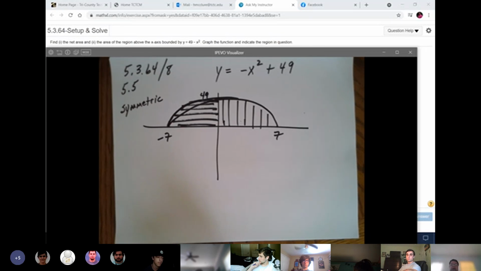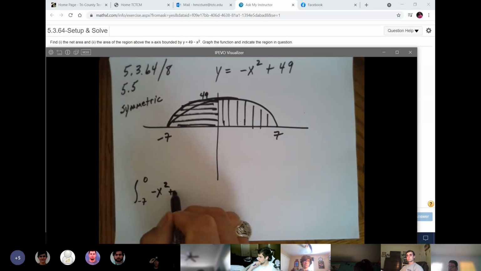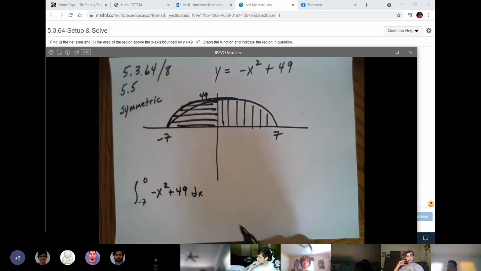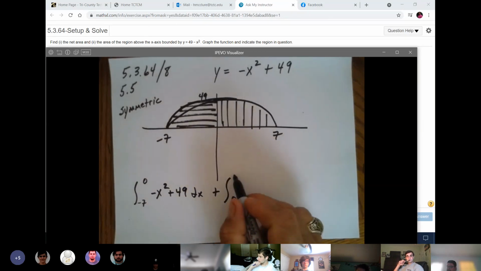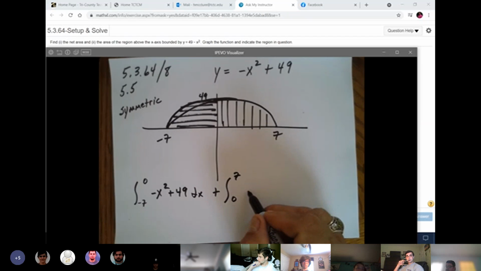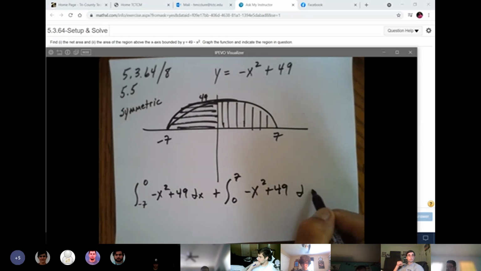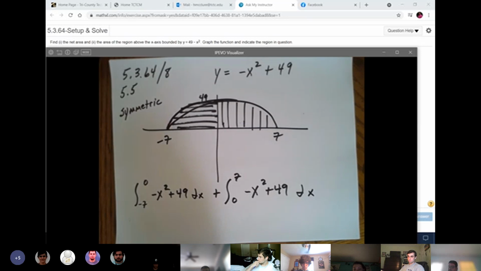All right, well, the first way is to read from left to right. -7 to 0, -x² plus 49 dx, plus 0 to 7 of -x² plus 49 dx. That's number one.